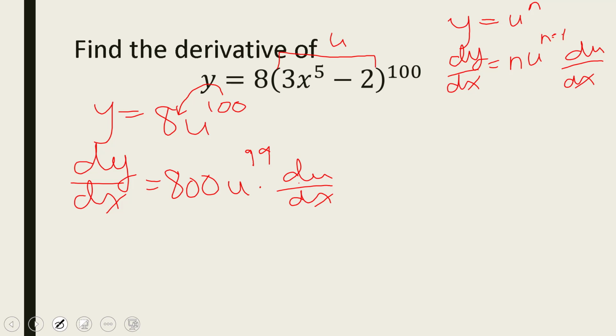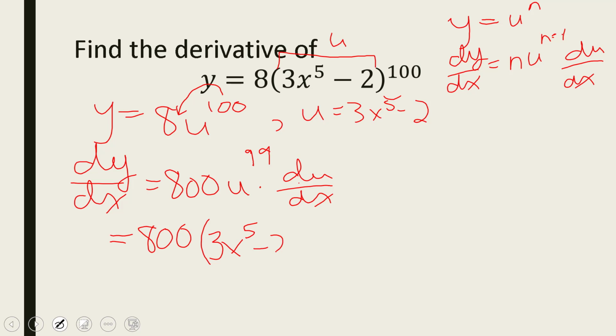Okay. Let's get rid of all the u's. So we have 800. Instead of u, we said u was just this thing. u is just 3x to the 5th minus 2. So let's write that in for u. 3x to the 5th minus 2 to the 99th power times du/dx.